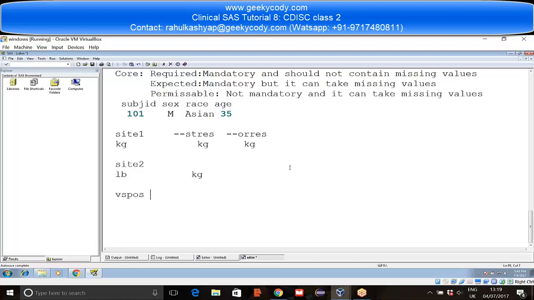Whether they are collected in standing, sitting, lying or bending position, will that matter? If they collect in sitting position, only then will FDA approve? If they collect in standing position, will they reject the drug approval process? No, that doesn't affect, right? So these come under permissible variables.